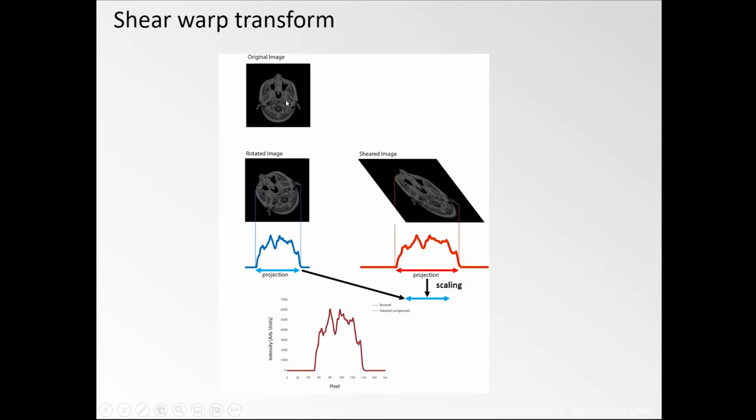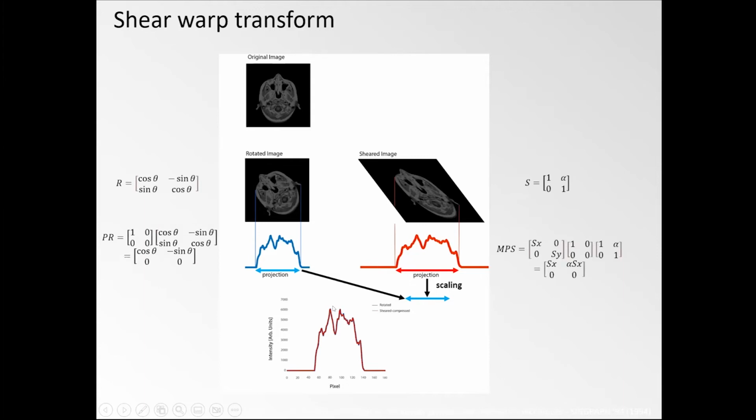Let that sink in. Here we rotated it and projected it to the bottom, and here we sheared the same image. So two completely different operations. Here the nose gets rotated, here it just gets shifted to the left. But interestingly, this creates two projections, and if you put them on top of each other, they are the same to numerical precision.